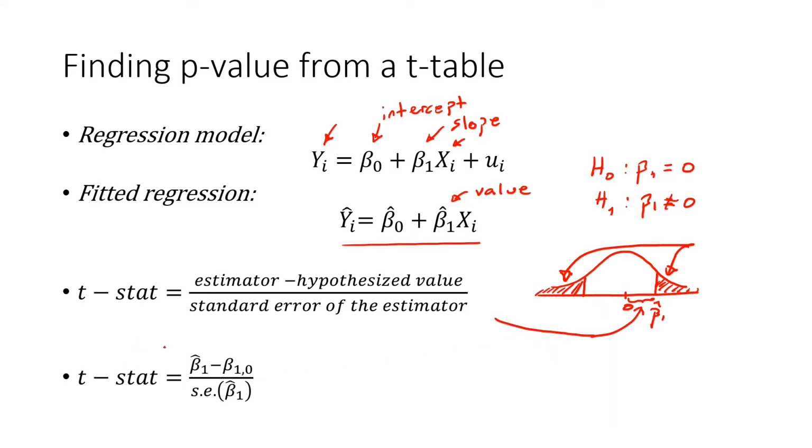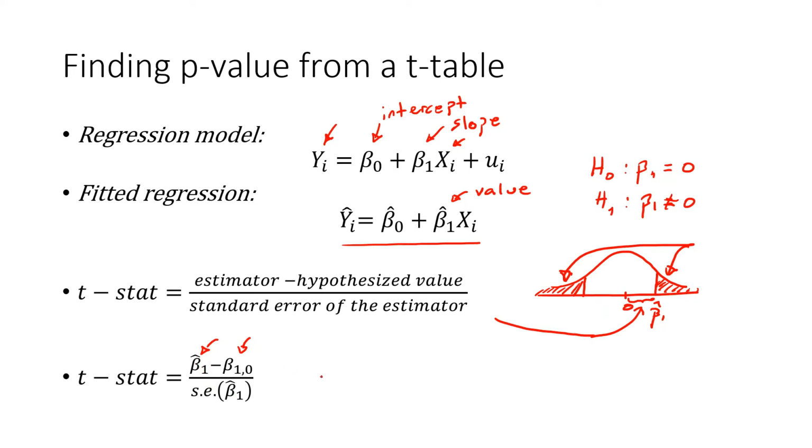So this t-stat is just this distance measured in standard errors. And by using symbols, we can plug in the value of the beta hat, minus the hypothesized value, the null hypothesis value, divided by the standard error of the beta hat.